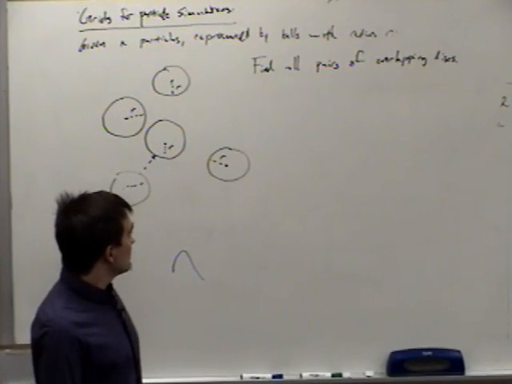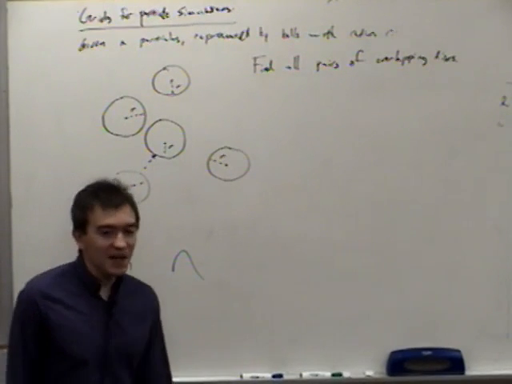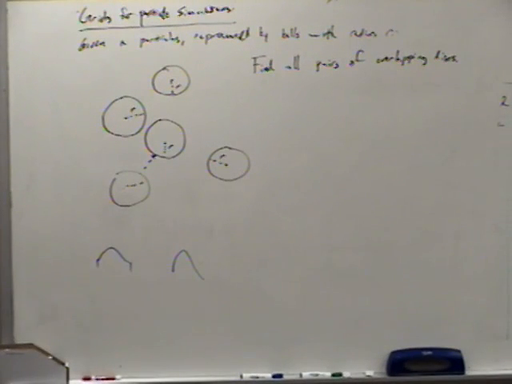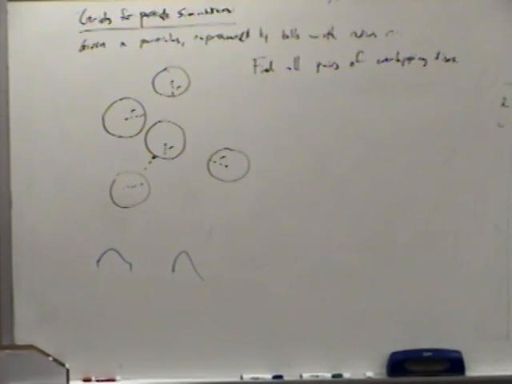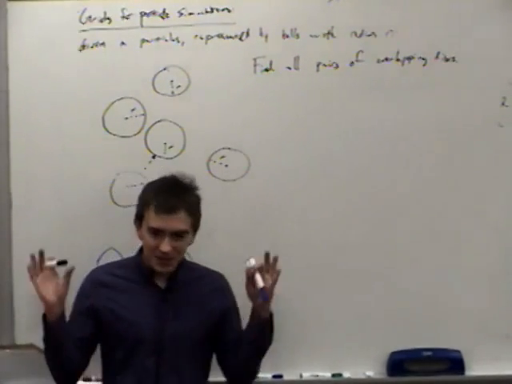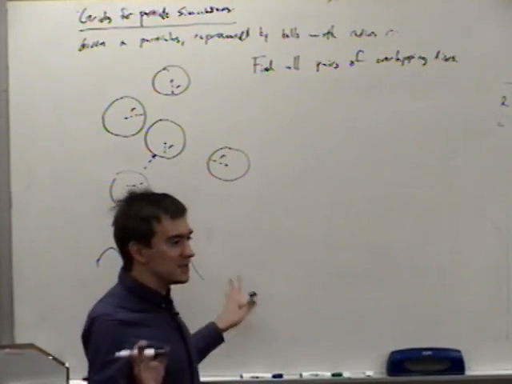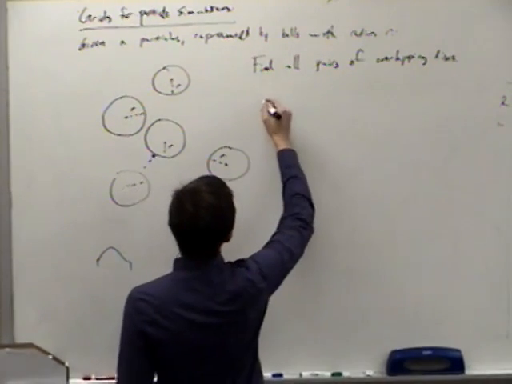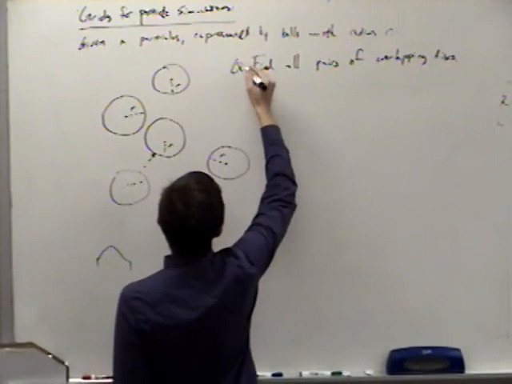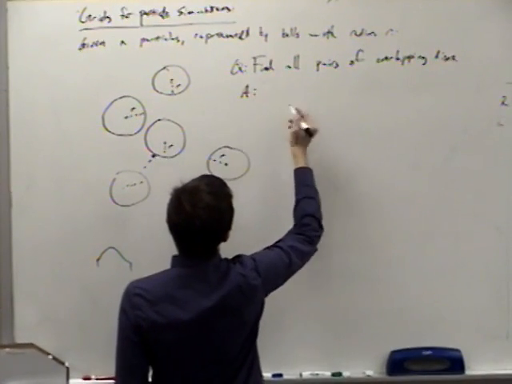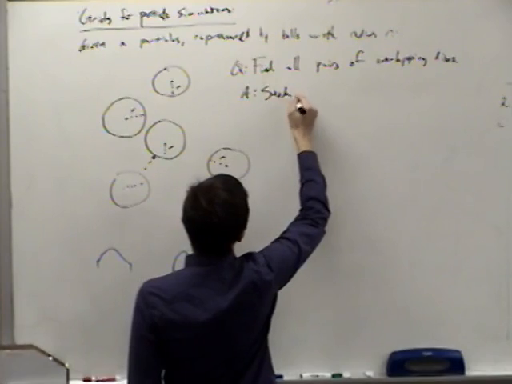OK. So anyone want to take a guess as to how you solve this? No, it's simpler than that. You just stick them all in a grid. That's it. You literally just stick them in a grid and look for collisions. So how to do this? Answer: stick them in a grid.